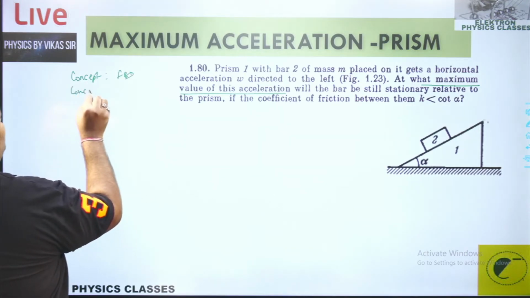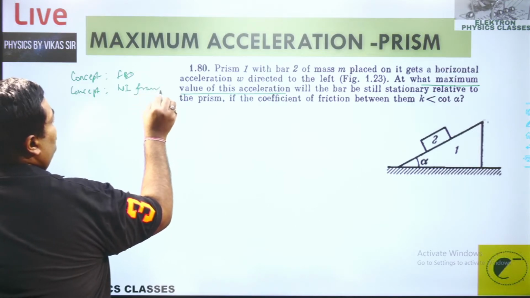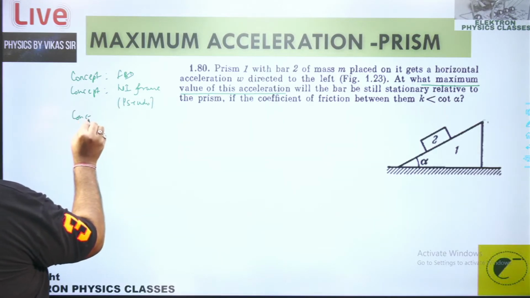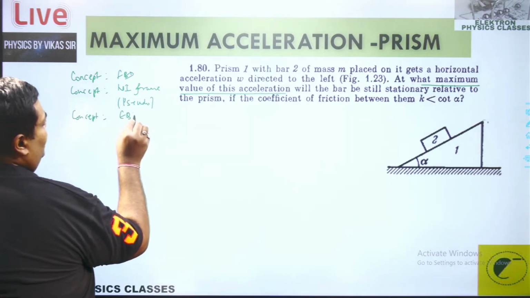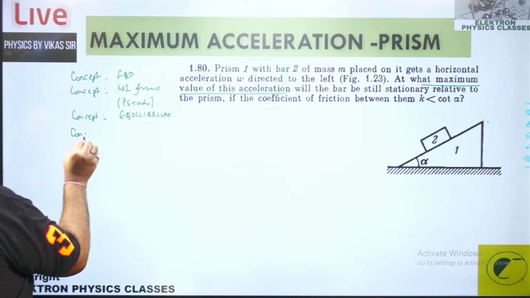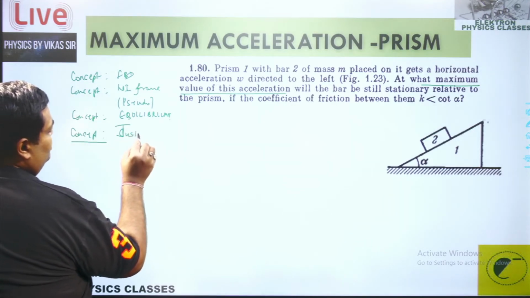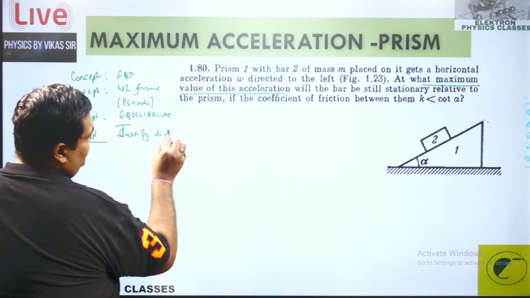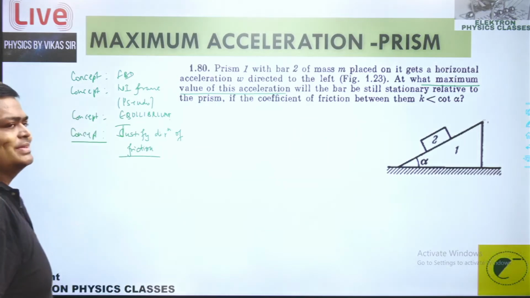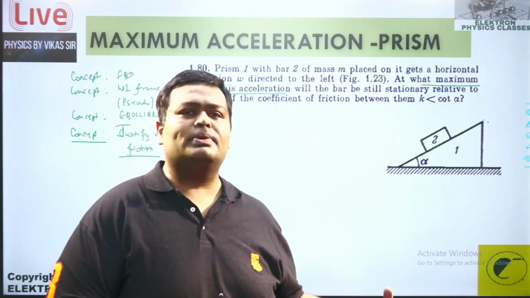Concept number 2 will be to check the non-inertial frame, and that means the existence of the pseudo force over there. The third concept is going to be once again to establish the equilibrium, and where you can falter can be concept number 4, that is to justify the direction of friction. If you just cater to these things in a proper manner, the question will not be a sore for us. It will be a simpler approach to us.